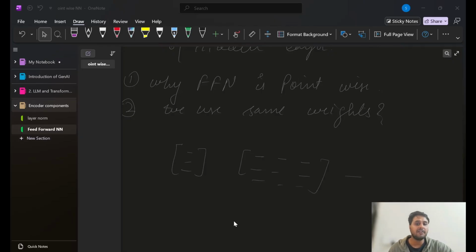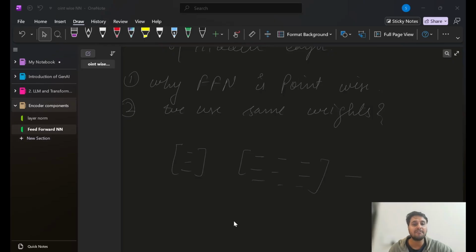If we used multiple feed forward networks, that would explode the number of parameters, make the model overfit, and make training impossible for long sequences. Instead, the transformer says all tokens should pass through the same feed forward transformation. This guarantees consistency, parameter efficiency, and better generalization.